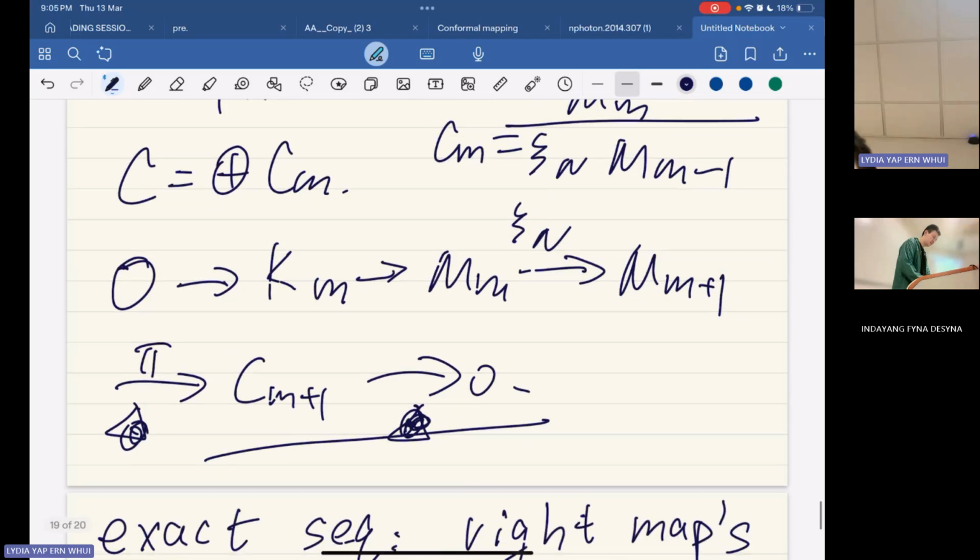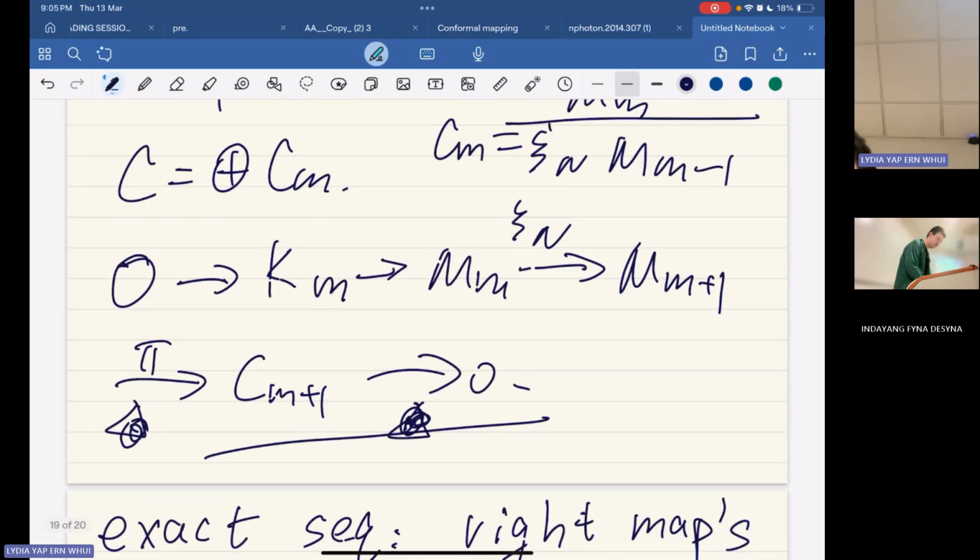Especially in this case, it is x_n times M_m, right? This is the kernel of this pi map.